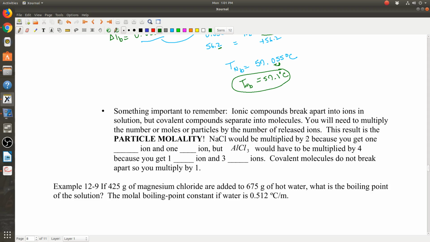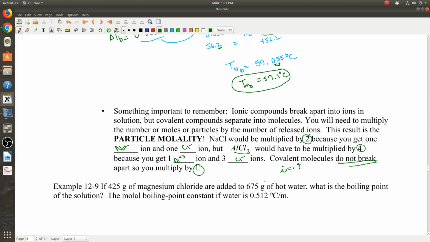Sodium chloride would be multiplied by 2, so its i value is 2, because you get 1 sodium ion and 1 chloride ion. Aluminum chloride would be multiplied by 4 because you get 1 aluminum ion and 3 chloride ions. Covalent molecules do not break apart, so you multiply by 1. Those are the i values. When I say multiply by something, it really is the i value. Covalent molecules, the i value is 1.